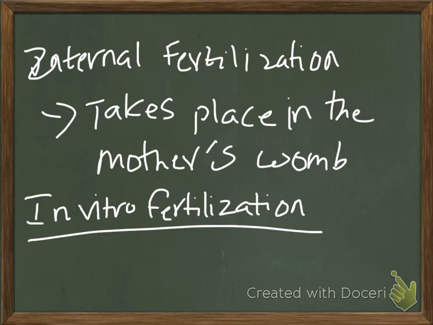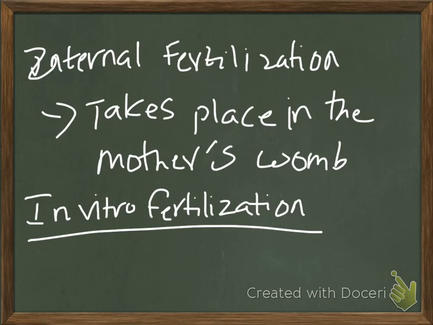The zygote so developed is allowed to grow in vitro for about a week, in vitro being nothing but glass, and after 1 week the embryo is planted in the female's womb.